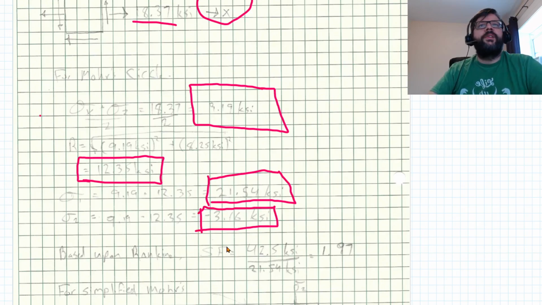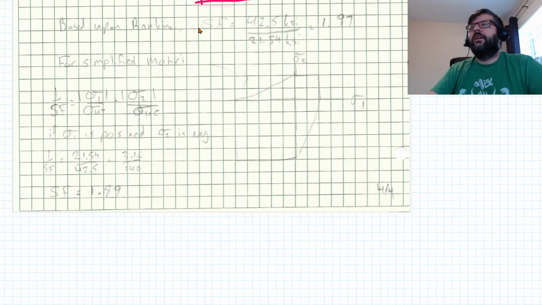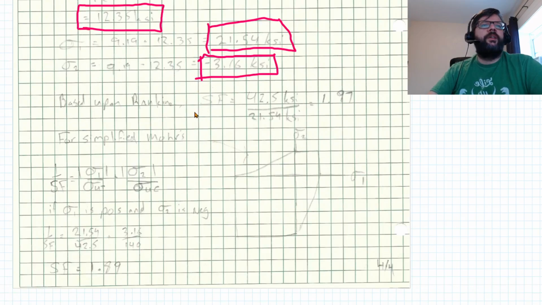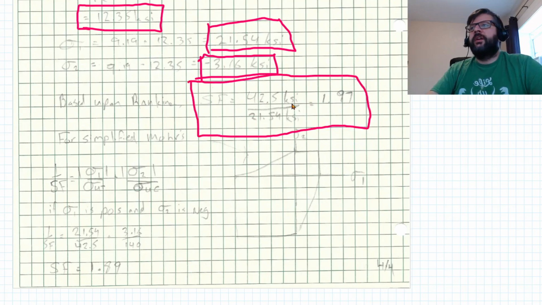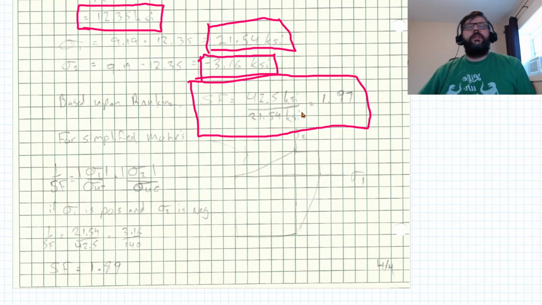So we know that this is brittle material, so there's two failure theories that I'd probably stick with. The simplest of them is Rankine, so the maximum principal stress theory. That says our safety factor is based upon our ultimate strength in tensile divided by the principal stress in tensile.